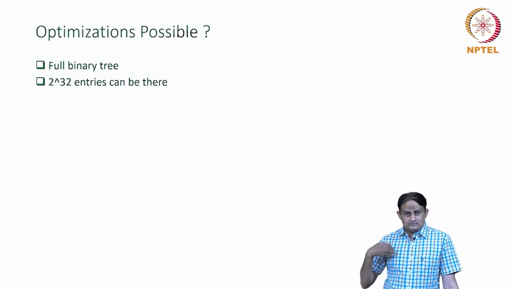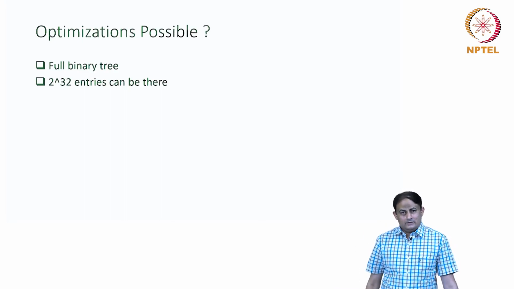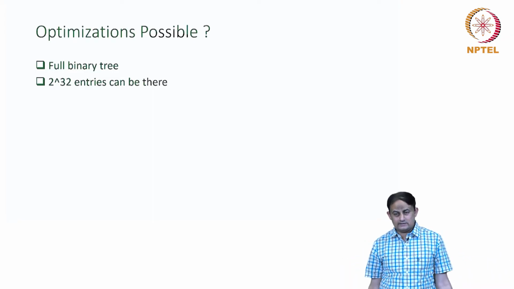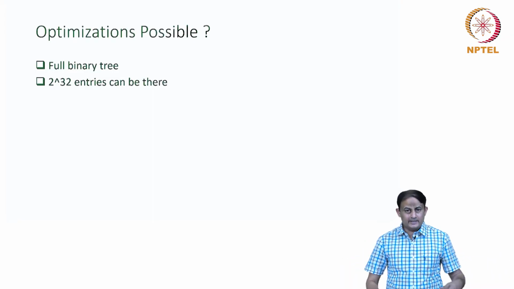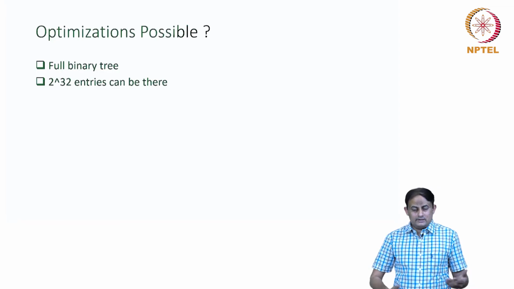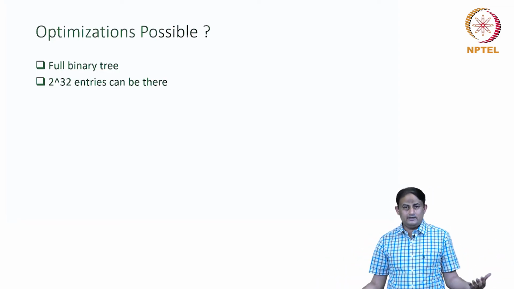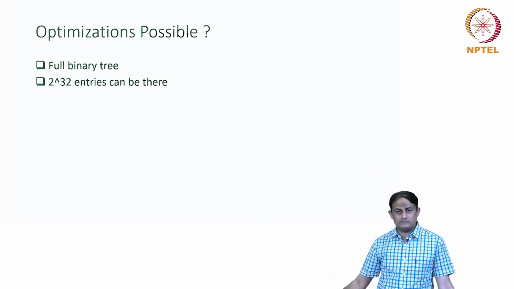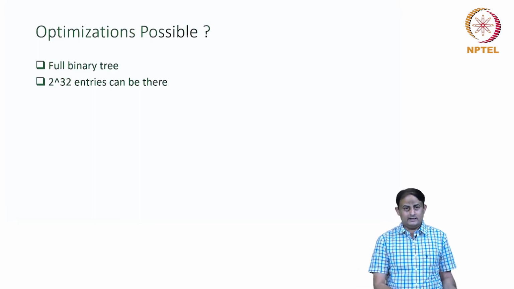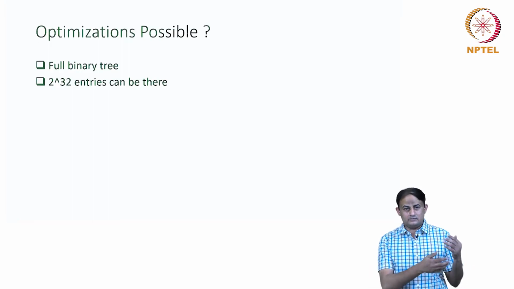And the second thing is what could be the total size of this binary trie. It can be a full binary tree, so it can have 2 to the power of 32 leaves, all possible IP addresses might be listed on the binary trie, those many prefixes.